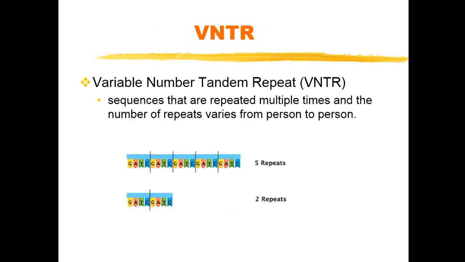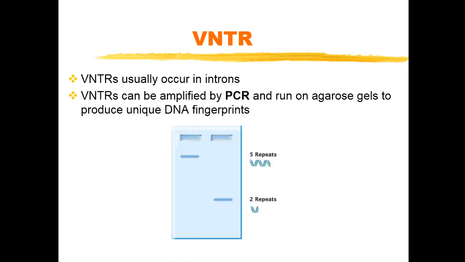So these are VNTRs, may be repeated 5 times or twice. This repeat number differs from individual to individual, or person to person. VNTRs are amplified by PCR and run onto the gel to produce unique DNA fingerprints.